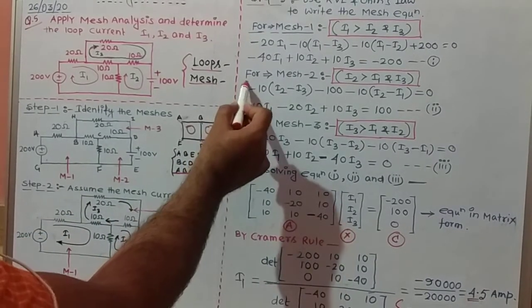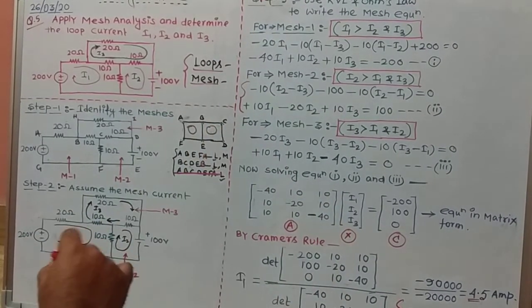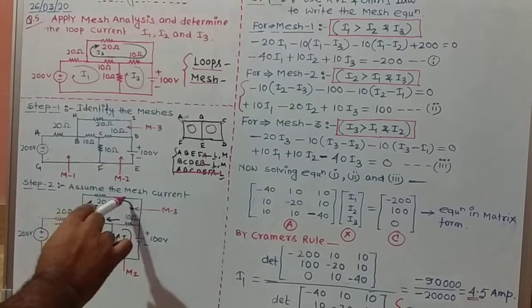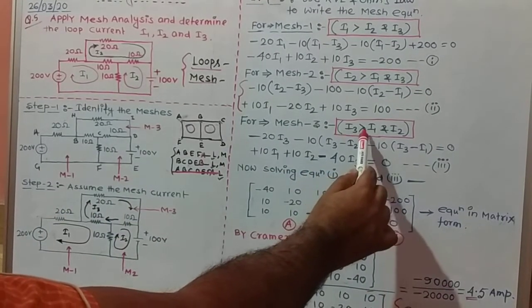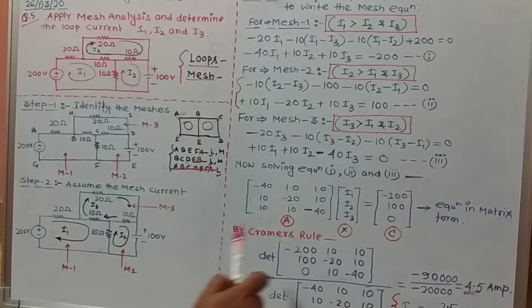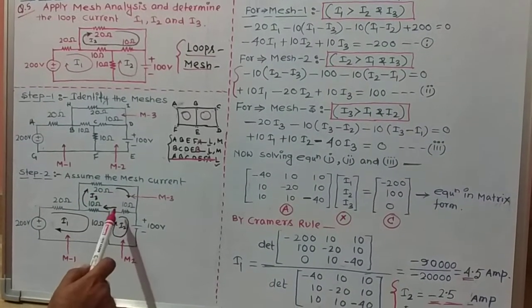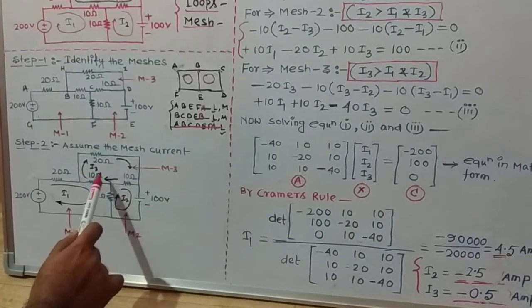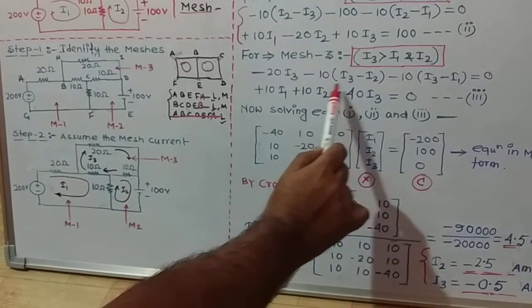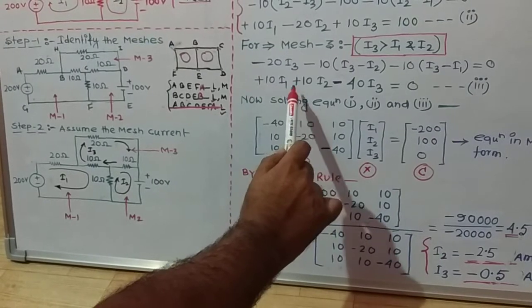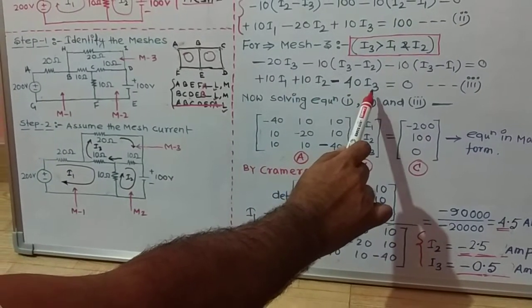For mesh number 3, where I3 is greater than I1 and I2, the equation will be 10I1 plus 10I2 minus 40I3 is equal to 0.